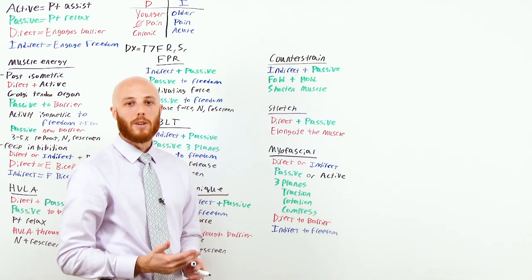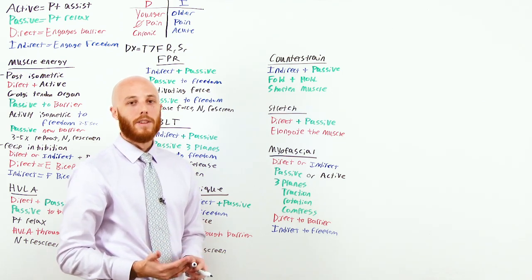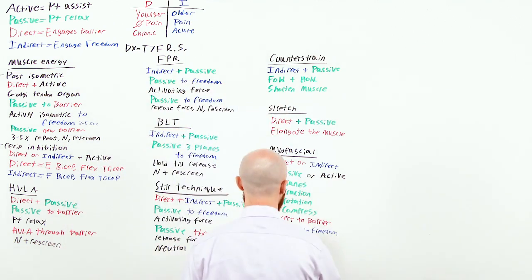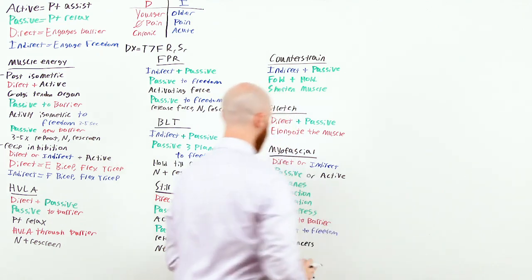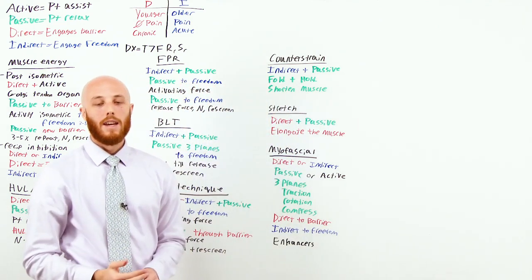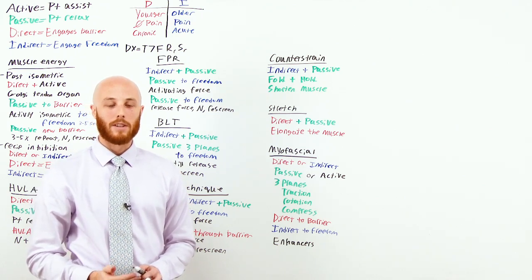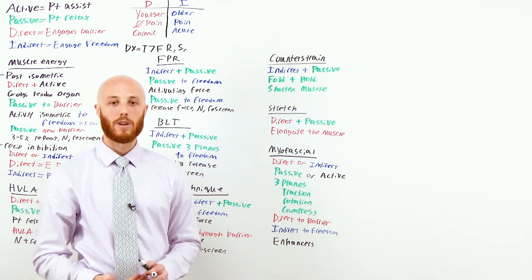So how do you make this treatment active or passive? This is where you use enhancers. So what's an enhancer? An enhancer is during your myofascial treatment, you ask the patient to contract whatever muscle you're treating.